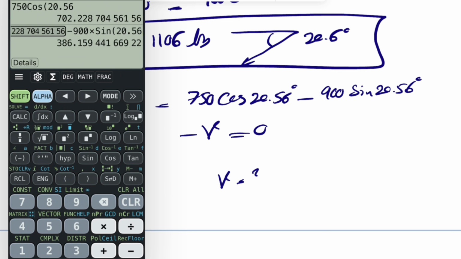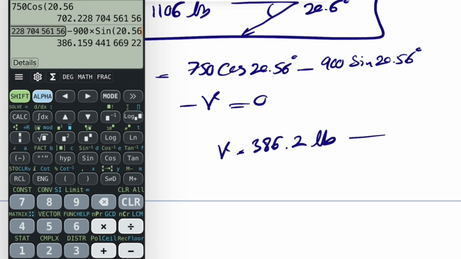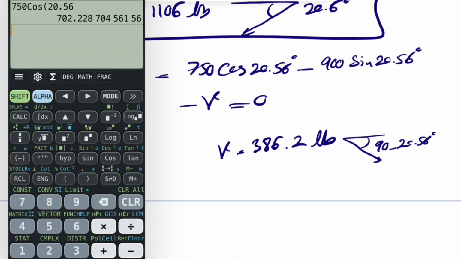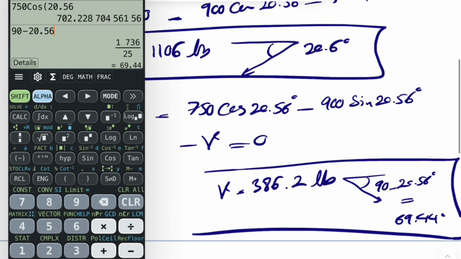So our V in here would be 386.12, and the angle that we have we can report as 90 minus alpha. If we show this angle here, it will be 90 minus 20.56, which is going to be 69.44 degrees. So that would be the final answer for this question.